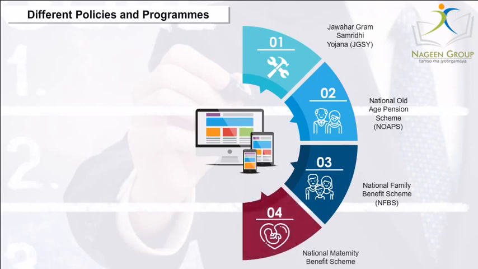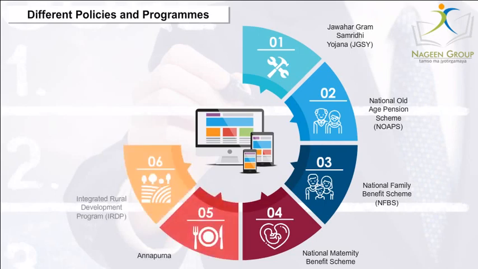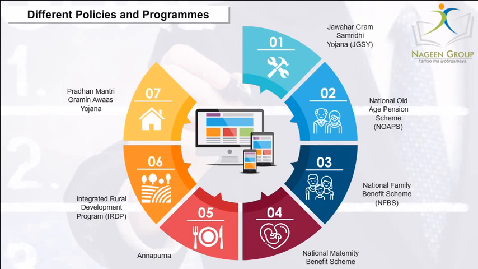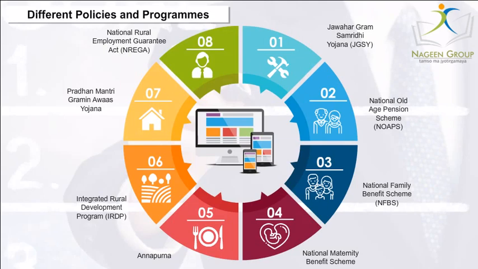National Maternity Benefit Scheme, 5. Annapurna, 6. Integrated Rural Development Program or IRDP, 7. Pradhan Mantri Gramin Awas Yojana, and 8. National Rural Employment Guarantee Act or NREGA.